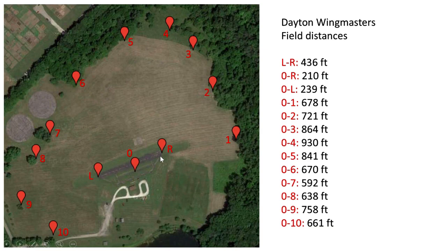So L to R here is 436 feet is our runway that we use. Looks like the furthest point out is 930 feet, which is out to number 4. So I did this all on Google Maps, and I could share this with other people, or I could just retain it as my own.